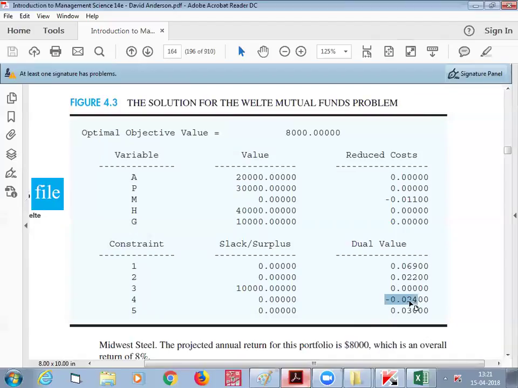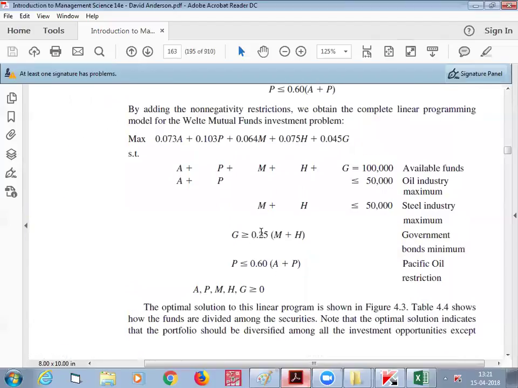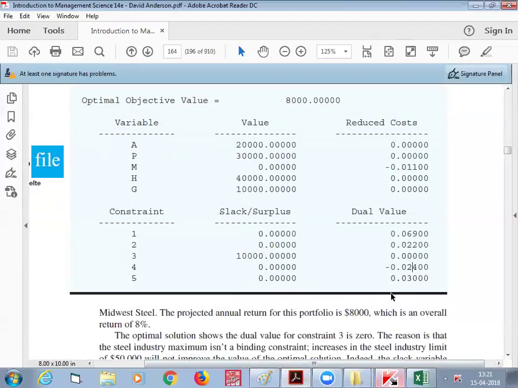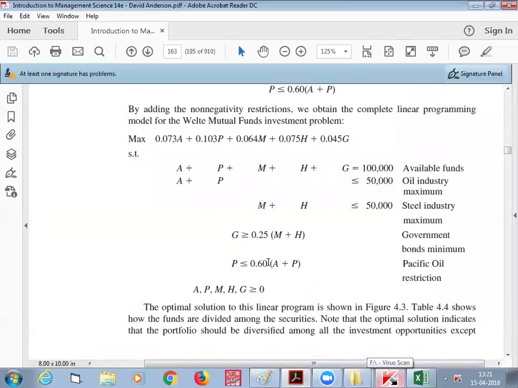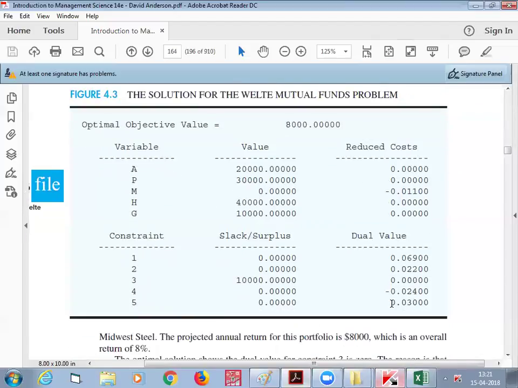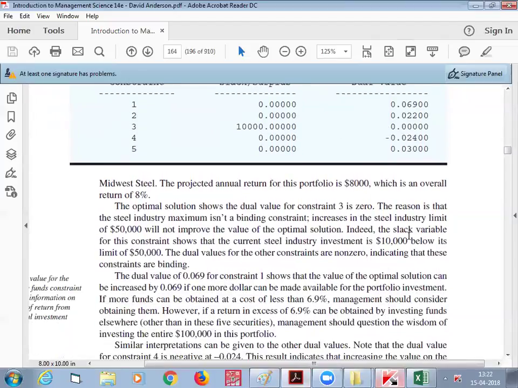Now, this negative dual value indicates that if we require more to be invested in government bonds, our rate of return will decrease. And the last one, positive dual value here, indicates that if we are able to invest more than 60% in Pacific, again, rate of return would increase.